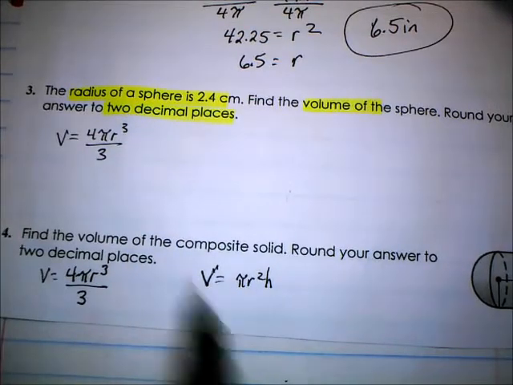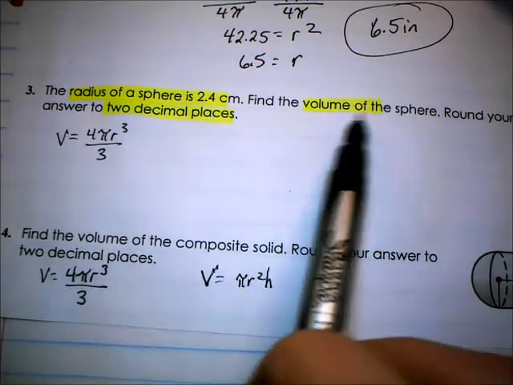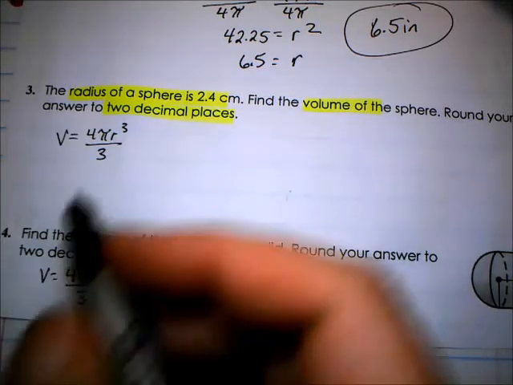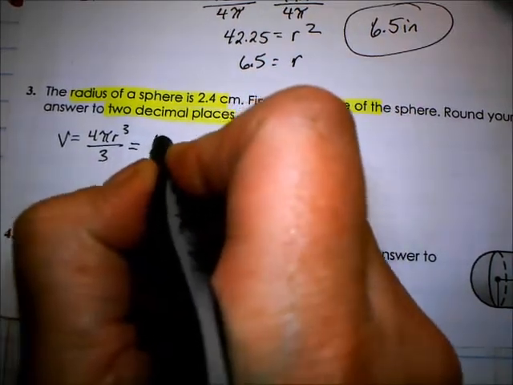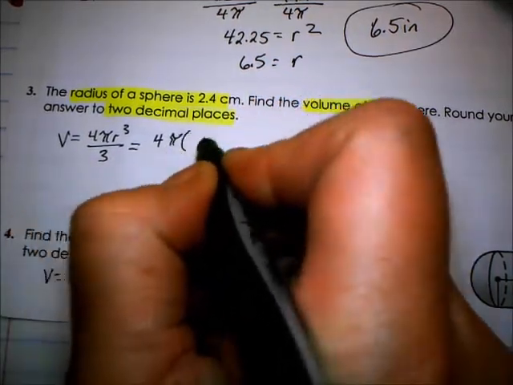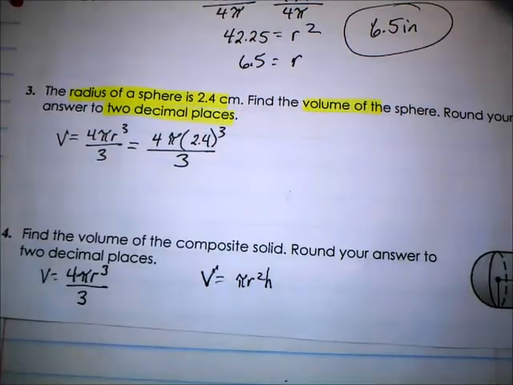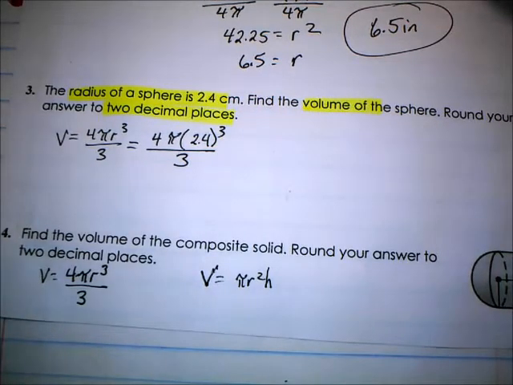Okay, on this one, we're finding the volume of the sphere, and the radius is 2.4 centimeters, and they want us to round our answer to 2 decimals. So I'm just filling it in and putting it in the calculator.